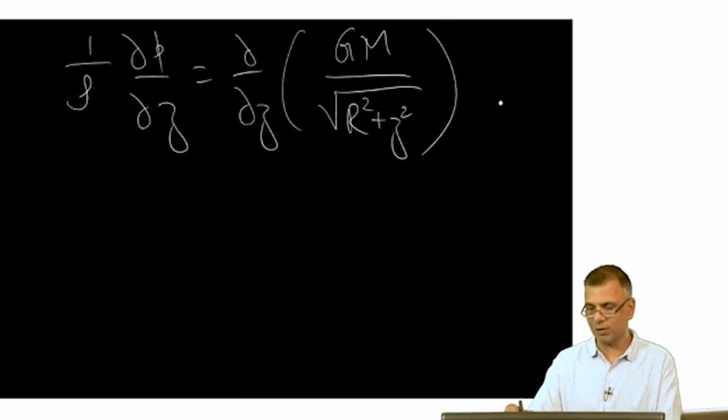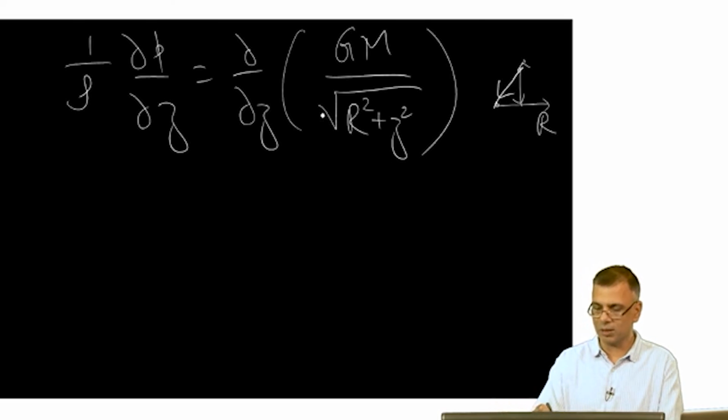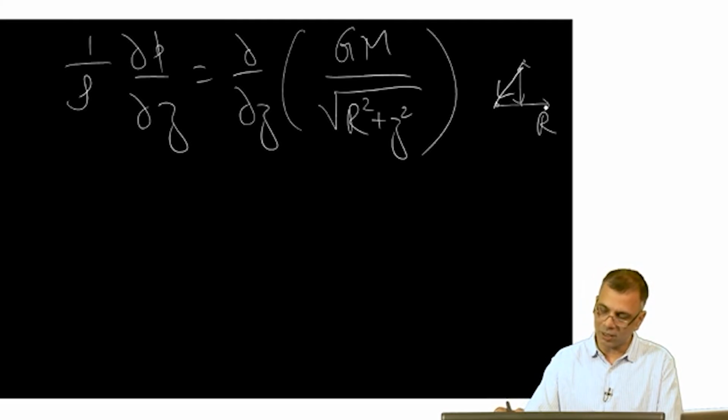It takes into account the fact that you have the central object and you are at a certain distance r from here and at a certain height z. So, you are really considering this. It takes into account the fact that the gravitational attraction is not simply along the radial direction, it is actually along this direction.